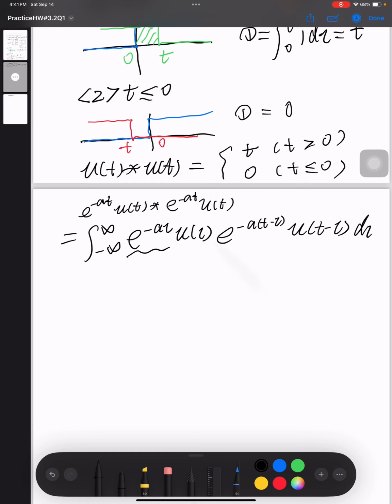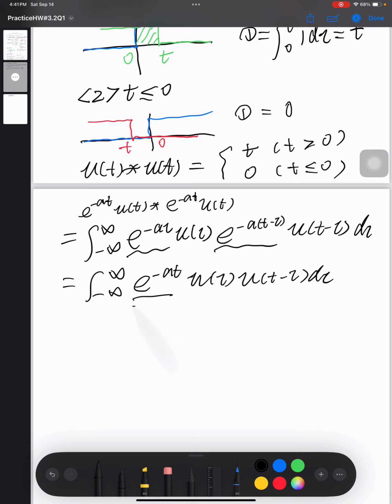We switch these two positions in the front, so we can get e to the minus a t times u(tau) u(t minus tau) d tau.